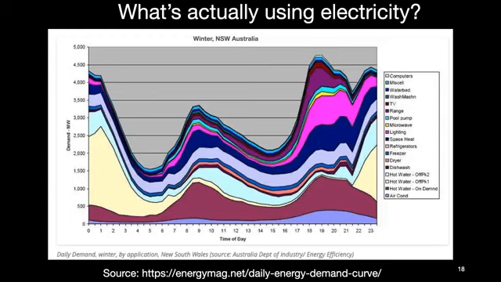This is for New South Wales, Australia, and it's an attempt to break down demand by what's called end use. What devices in homes, this is largely for homes, are actually driving electricity use. And as you can see, it's a little hard to read some of the colors, but New South Wales has what's called off-peak water heating, when water is heated at times when there isn't a lot of electricity demand.